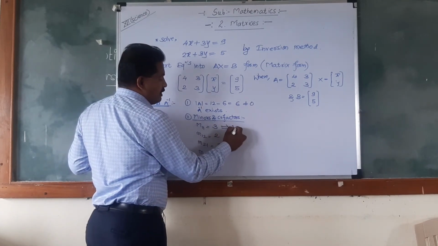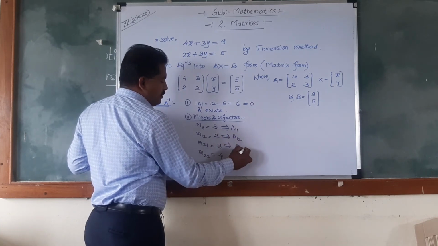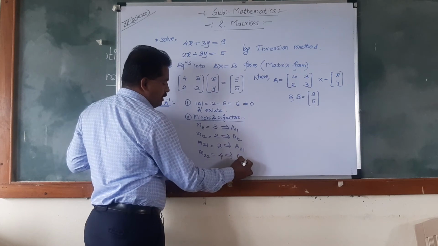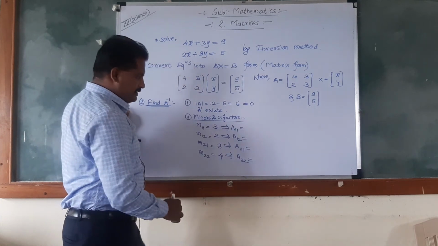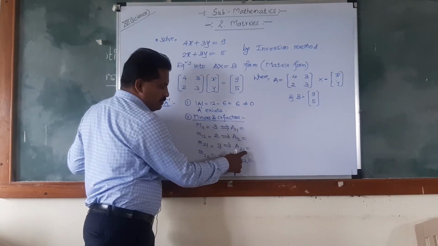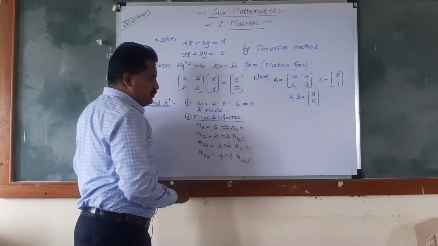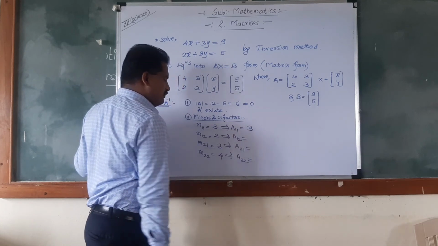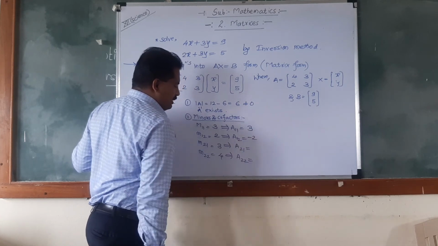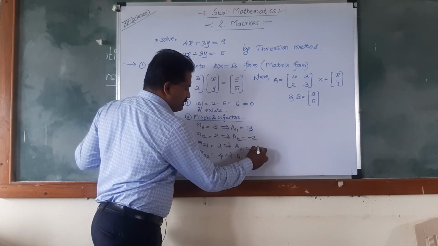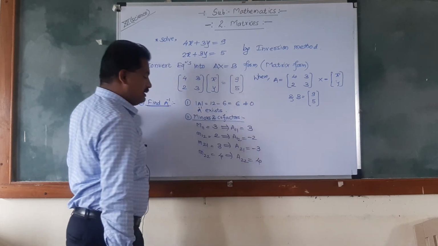After minors, we convert into cofactors A11, A12, A21 and A22 with using coefficients. That means 1 1, 1 2, 2 1, 2 2. 1 plus 1 is 2, that is even, there is no change in the cofactor. 1 plus 2 is 3, there is a change in the cofactor. 2 plus 1 is 3, there is a change in the cofactor by opposite sign. 2 plus 2 is 4, there is no change.